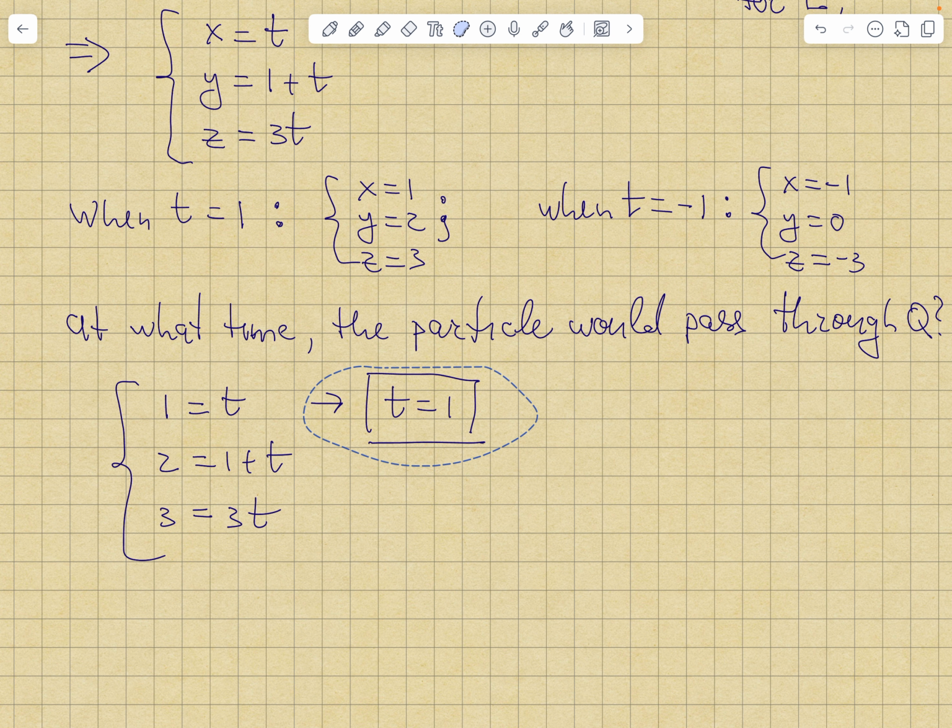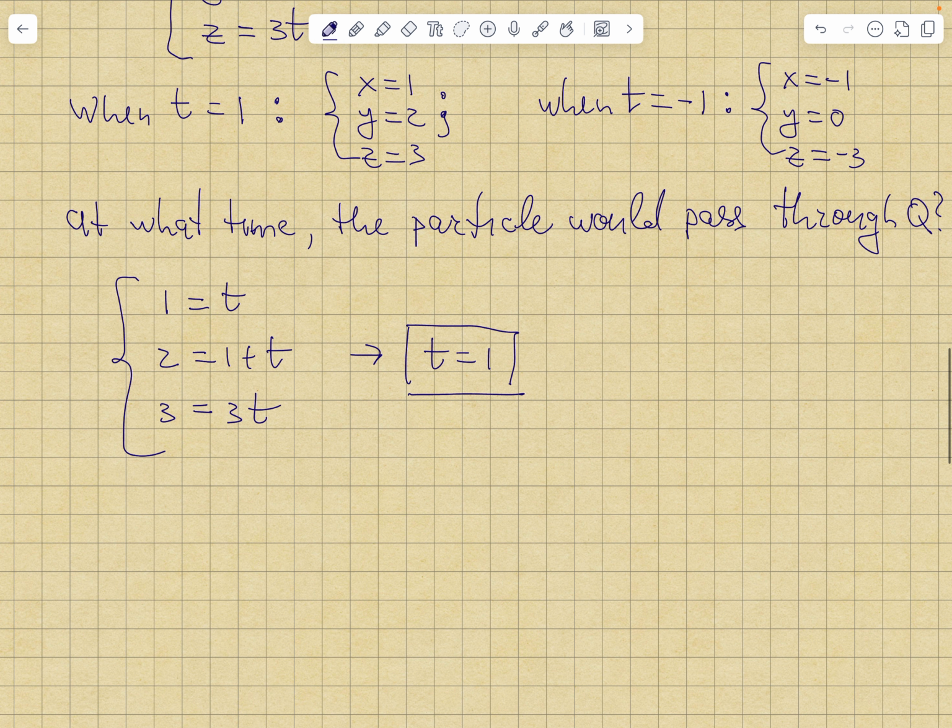So then I can also ask this question. Does the point, let's say R, with components 1, minus 1, 4, lie on the line L? So how do I figure it out?